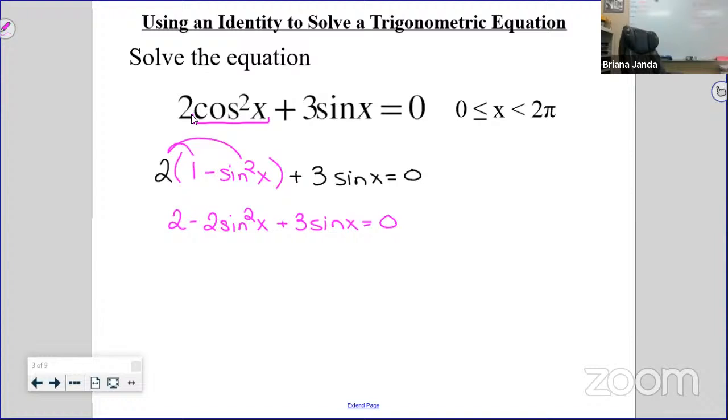So what I would do on this is either factor out a negative or essentially add everything over to the right-hand side so that we are dealing with a positive quadratic term. So I'm going to add 2 sine squared x to the other side. Subtract 3 sine of x. Subtract 2.